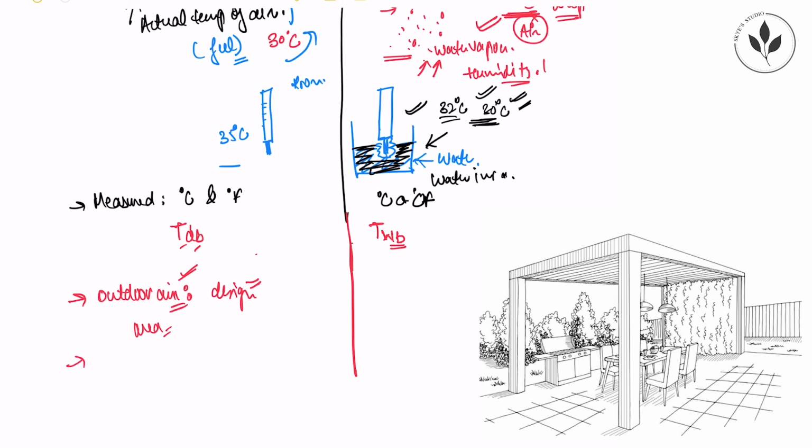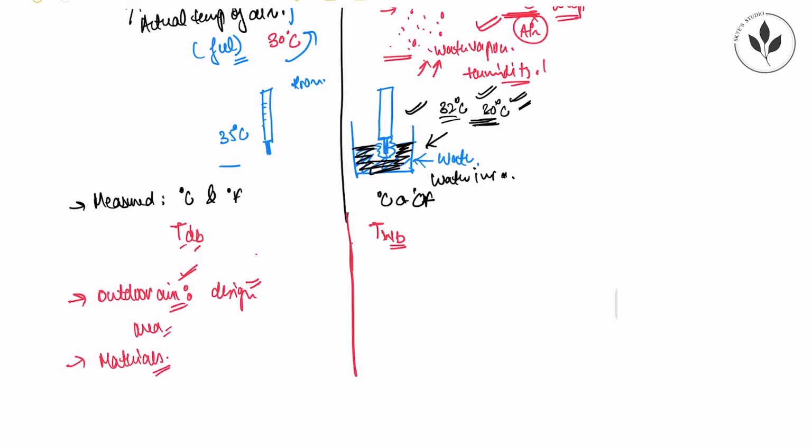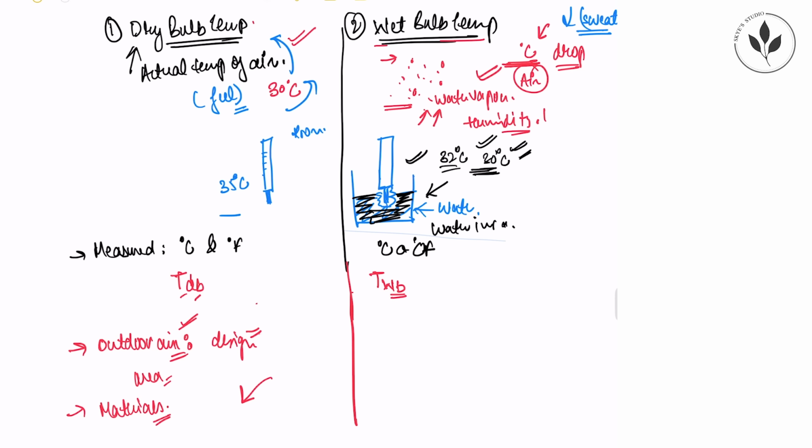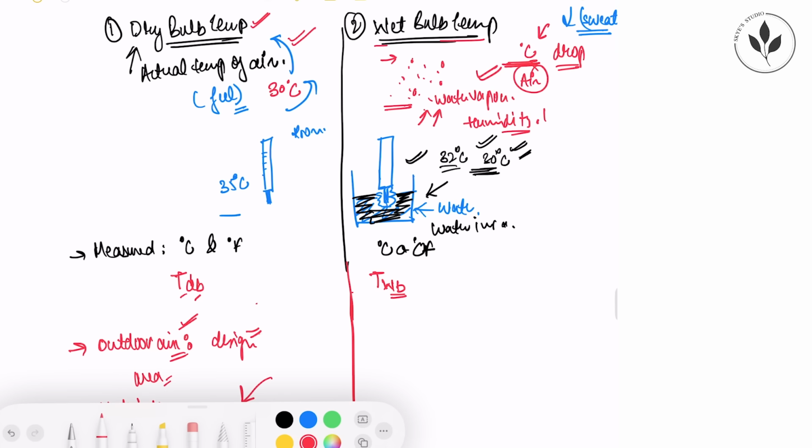Then we can also think about the materials that we need to use. If you have more sun, you can block the sun inside your area if you don't want it. So dry bulb temperature will directly tell you what measures to take at the time of designing the building.